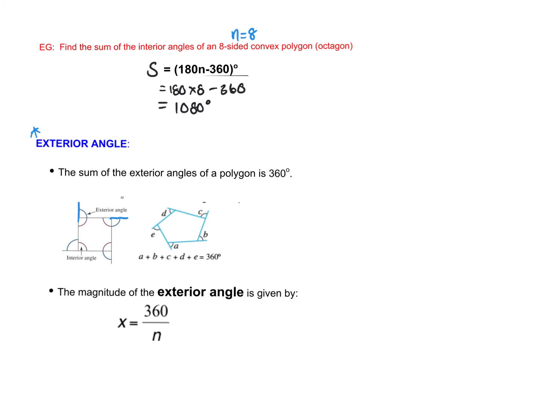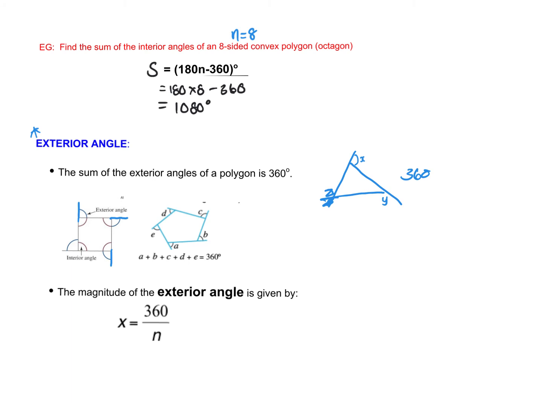We looked at that yesterday, when we saw the triangle continuing on, and we said that angle plus that one, plus this one, if I call that Z, they equaled 360. So it's the same with any polygon. If you keep extending the sides out, the exterior angles will add up to 360.